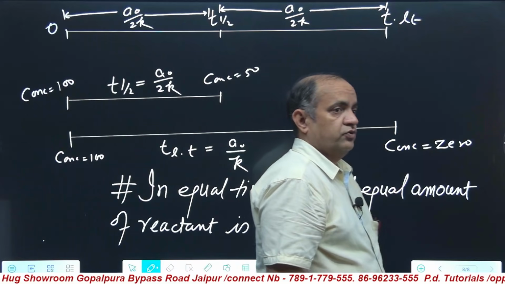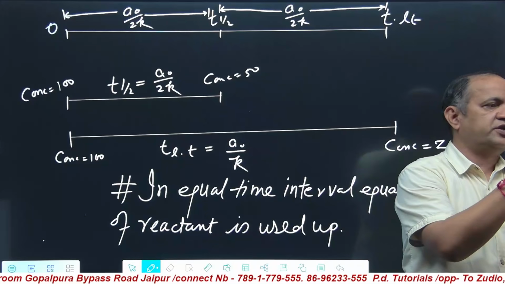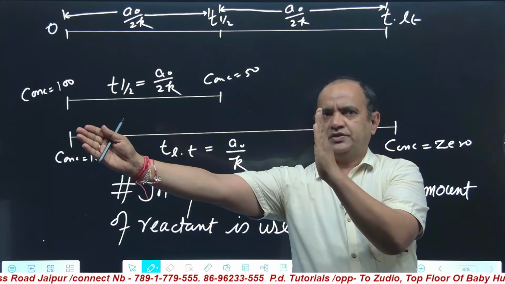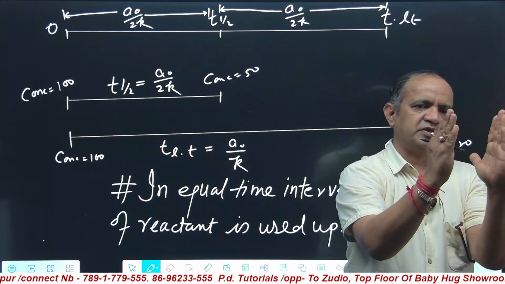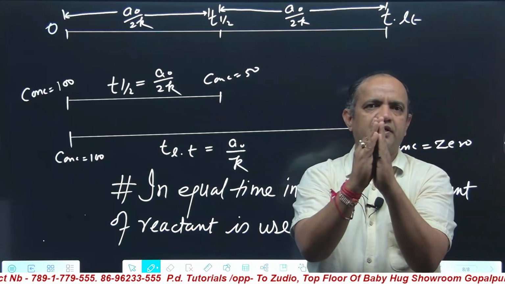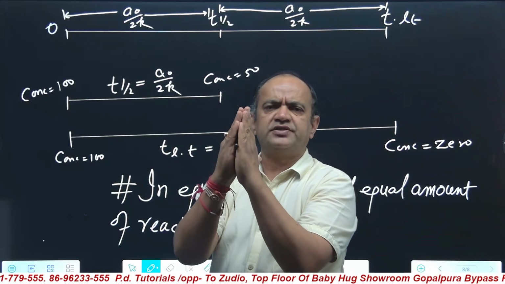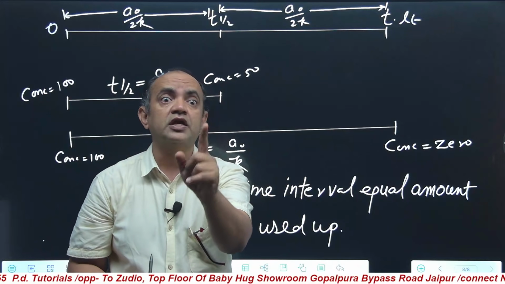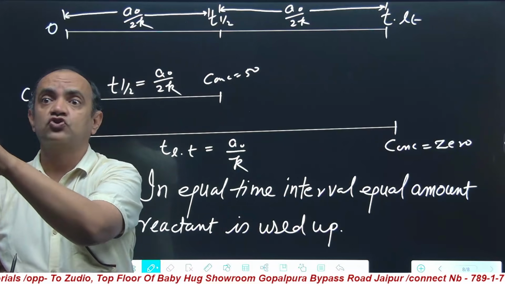If the first 50% reaction occurs in 10 minutes, what is the time of the next 50%? The same 10 minutes. If the first 10% reaction occurs in 10 seconds, the next 10% takes 10 seconds, and the next 10% in 10 seconds. In equal time interval, equal amount of reactant is used up.